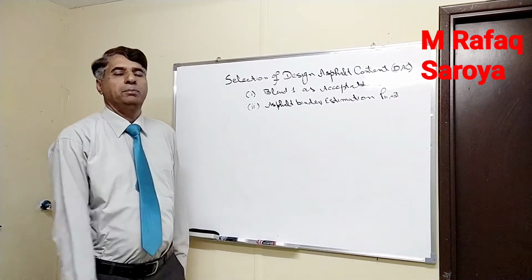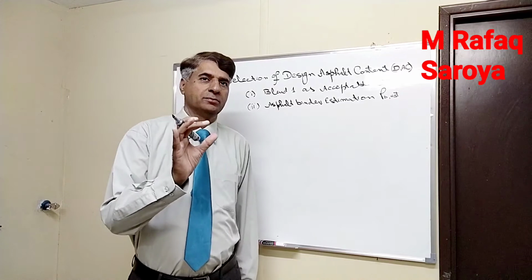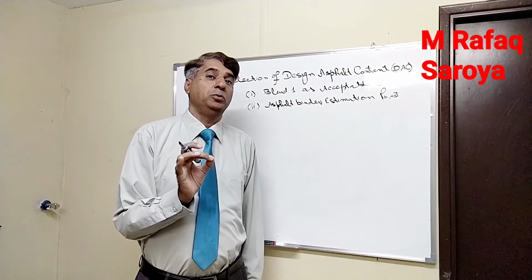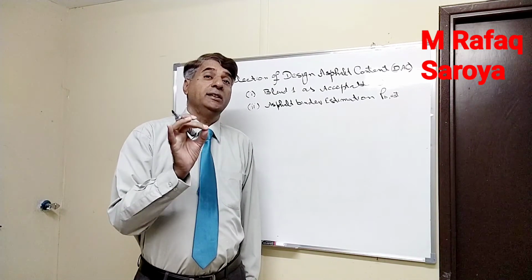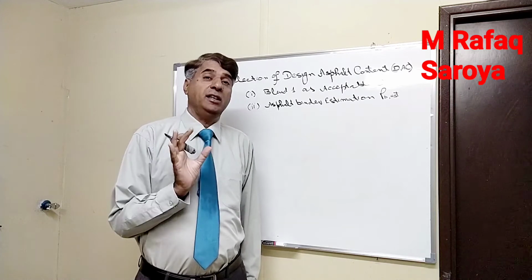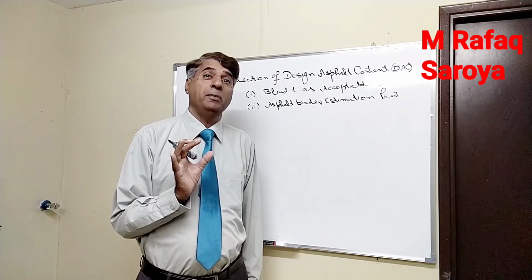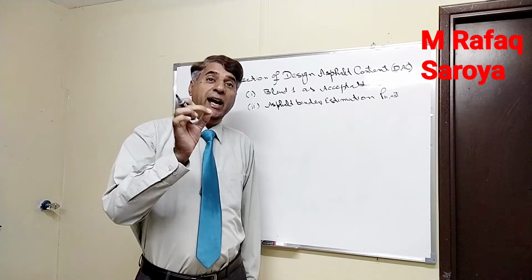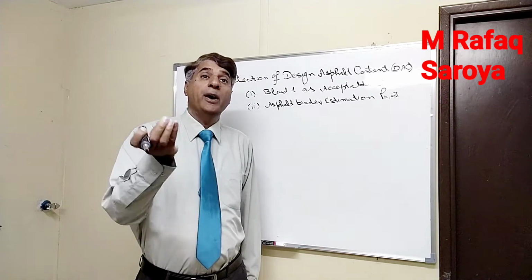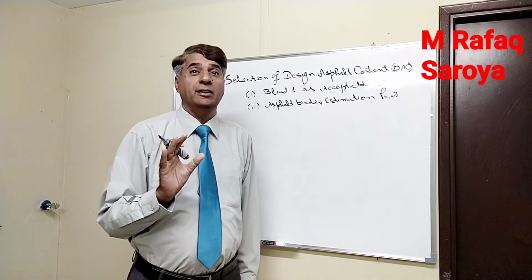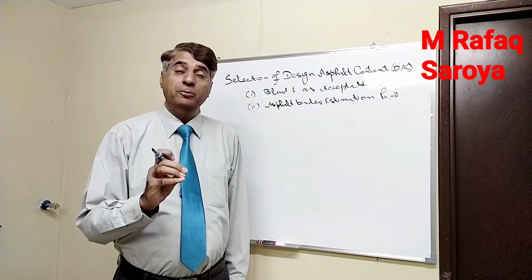Because in my previous lectures I have explained to you in detail which binder content is going to satisfy the requirement of the mix design, and upon which set of aggregate the properties are being fulfilled.